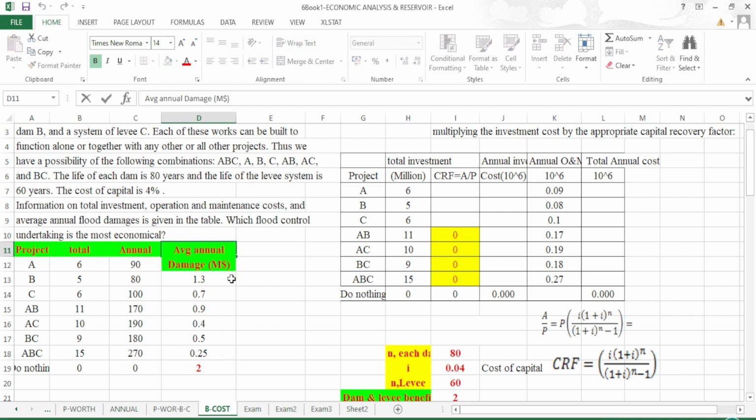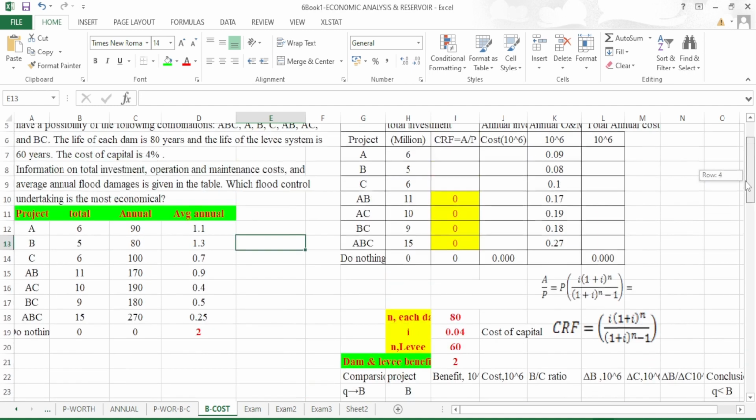And also, average annual damage is given here in millions. This is called do nothing. This indicates the benefit of the dam and the levee. So, depending on the information, you can estimate the best alternative.